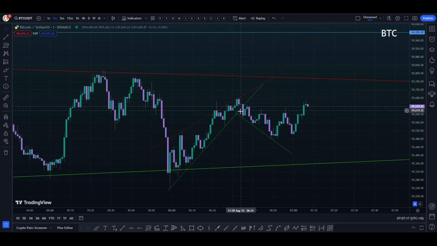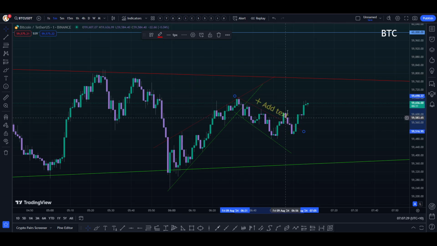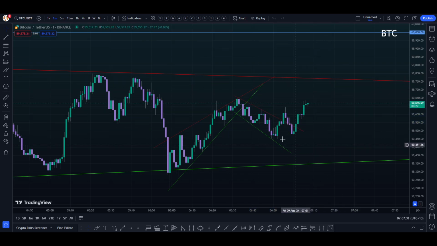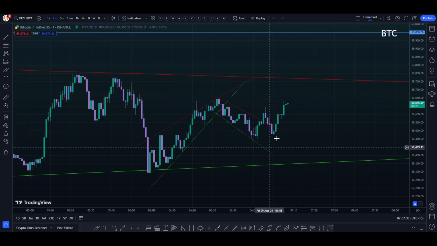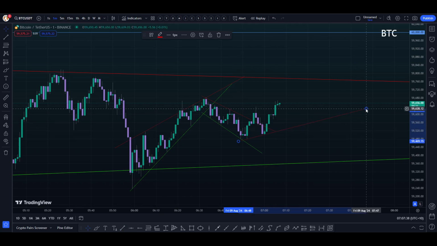You've also got resistance, which did break. It broke through here, and now we're starting to build a new pattern, I would say. So this maybe is coming up like this.